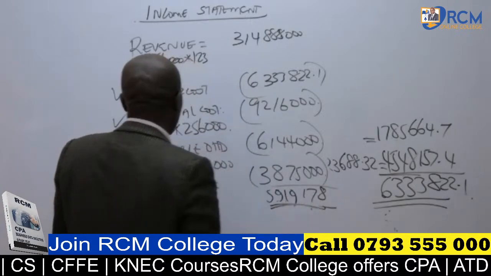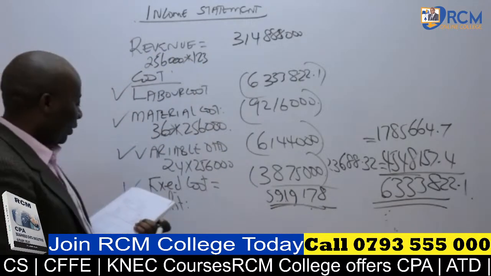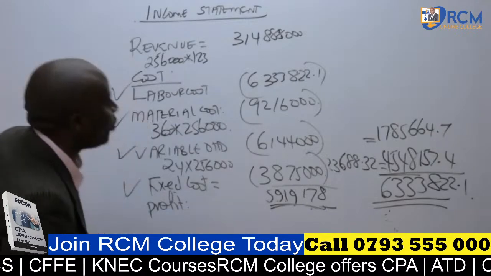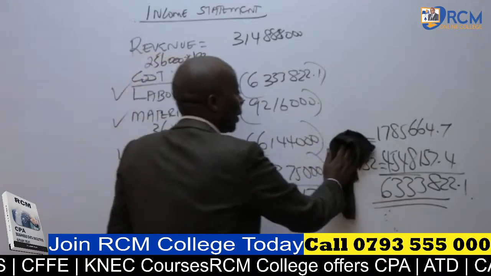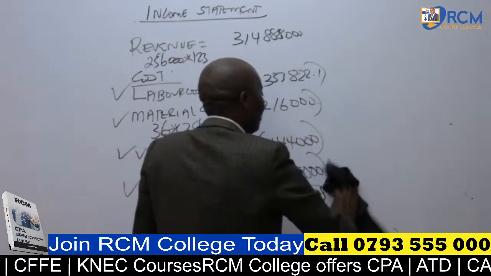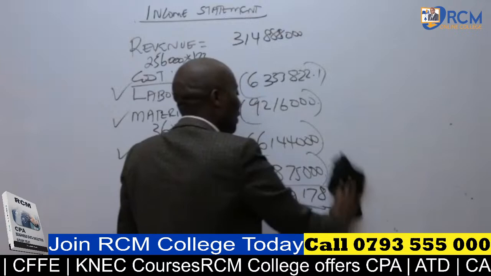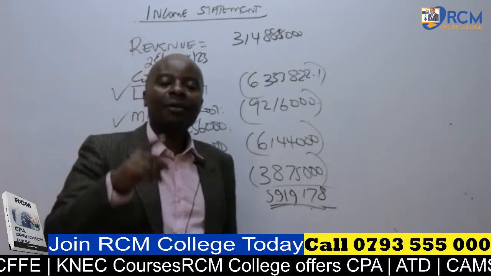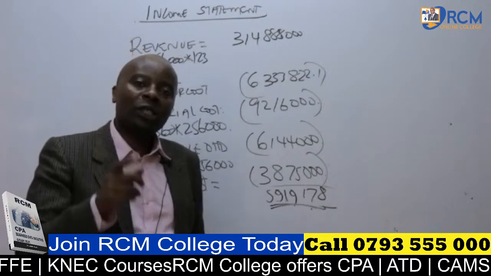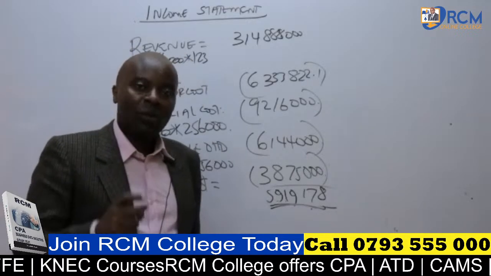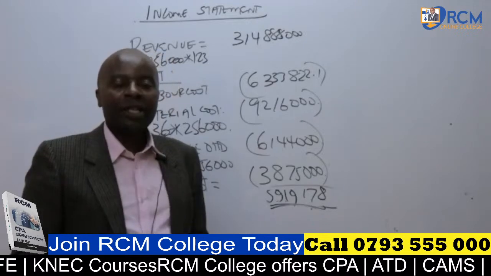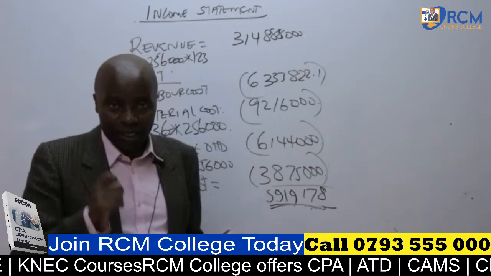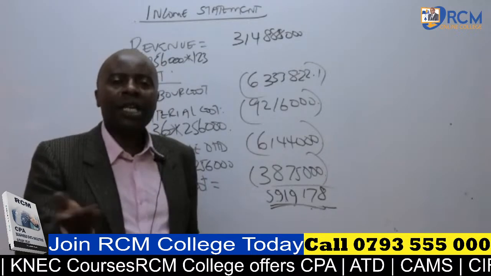But now let us go straight away, ladies and gentlemen, to the next thing here, which is the calculation of R. How do we calculate this R? I would want to make something very clear. Remember in this question about learning rate fluctuating, the only thing that is going to be different here is labor cost.